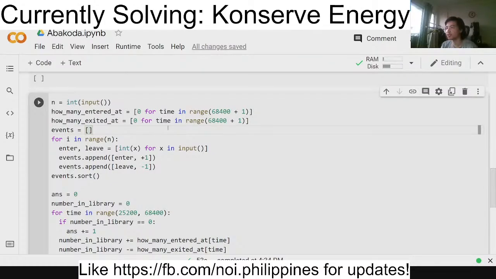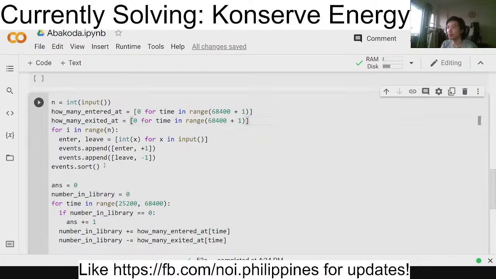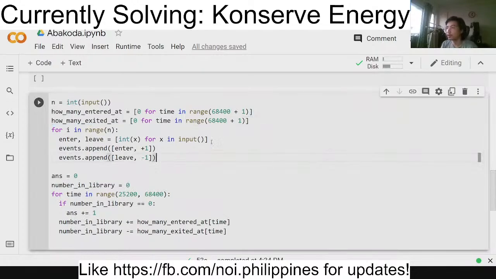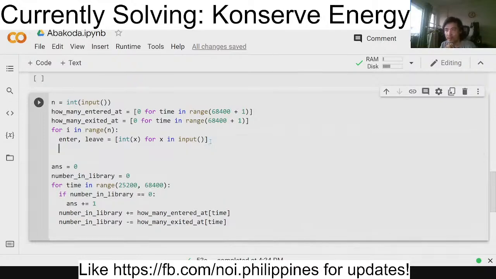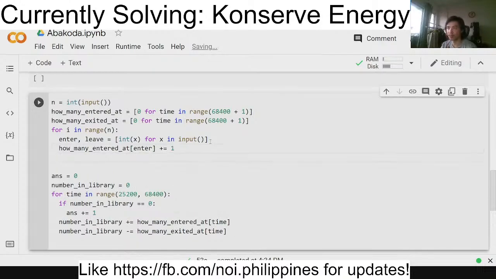So what's gonna change here? We actually don't need this. If I know the enter time for person I, then it's easy, right? The number of people who entered at time enter has to increase by 1. And then how many exited at time leave increased by 1.